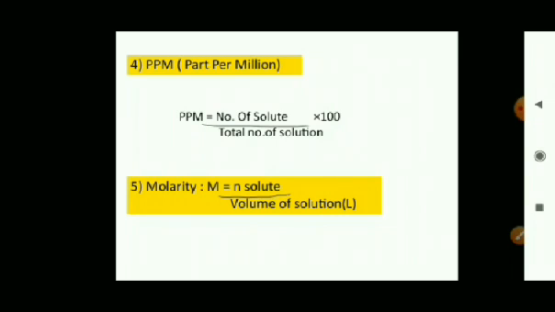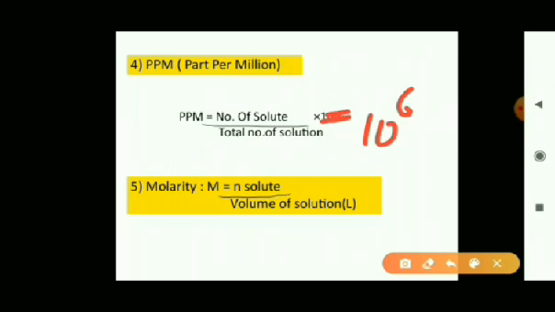Sorry, here one mistake is there, not 100, it is 10 raised to 6. Why 10 raised to 6? Because this is in a million, isn't it? So number of solute divided by total number of solutions into 10 raised to 6, not 100. Okay, so students, these were the 4 terms which we are using for expressing the concentration of a solution.